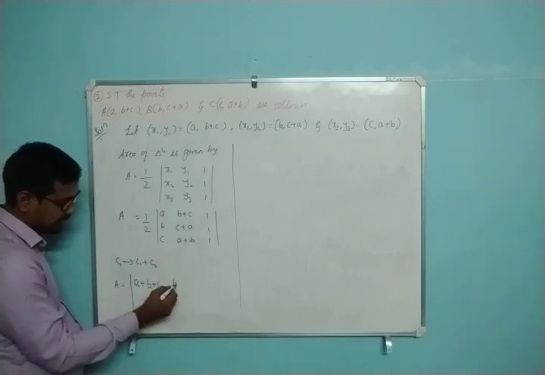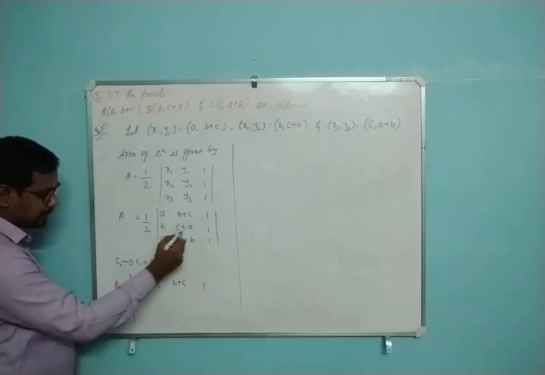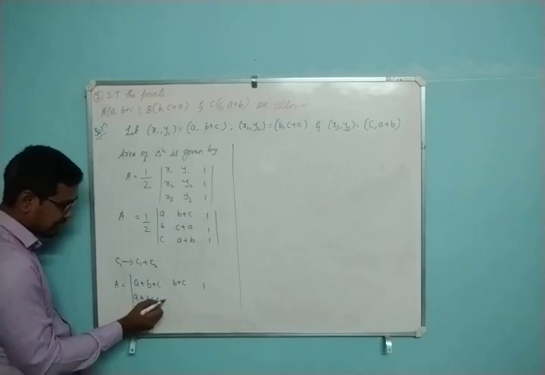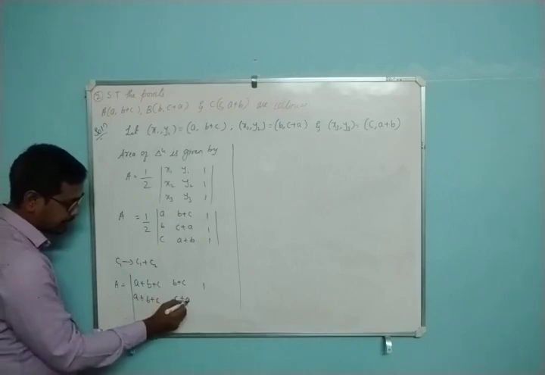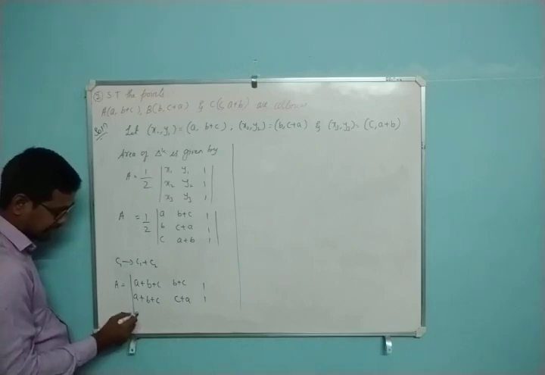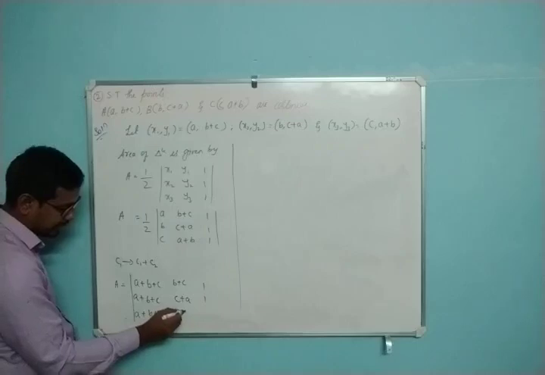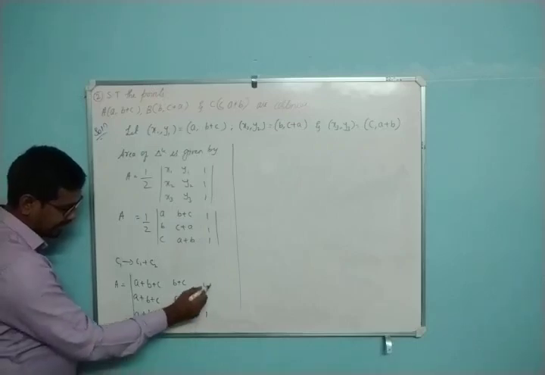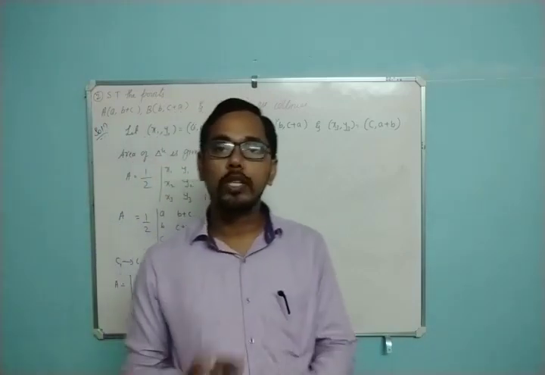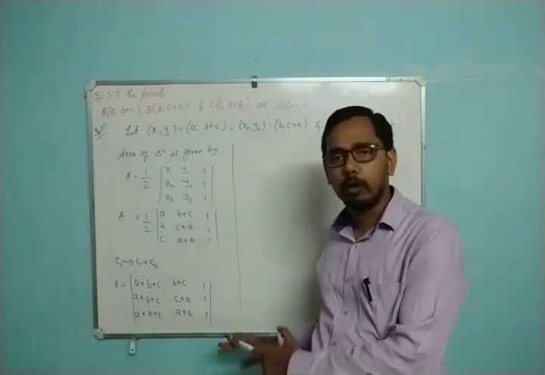And this b plus c as it is, 1 as it is. Then b plus c plus a, I can write as a plus b plus c. This is c plus a, this is 1. And here c plus a plus b can be written as a plus b plus c. This is a plus b, this is 1 as it is. So if I apply the transformation C1 changes to C1 plus C2, this is how the determinant will look.